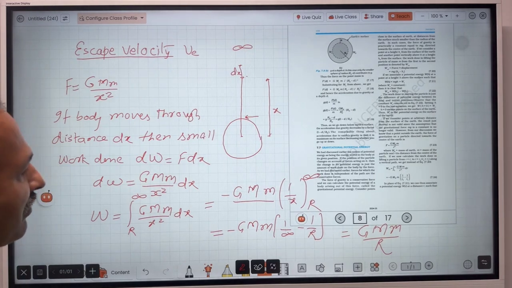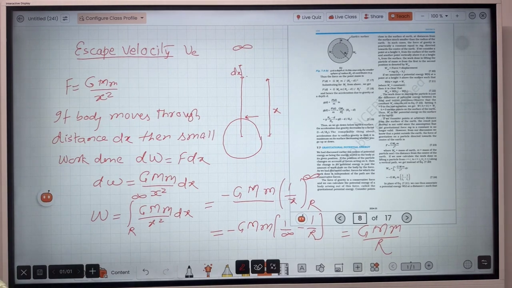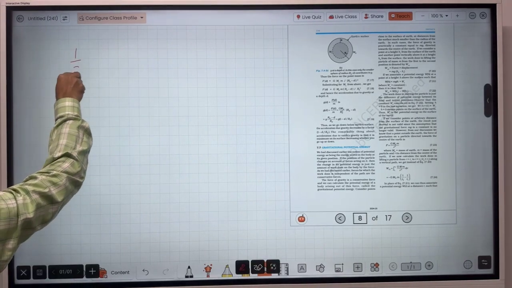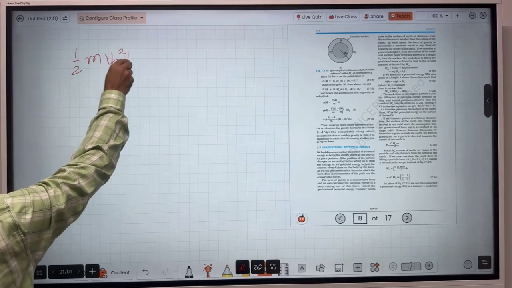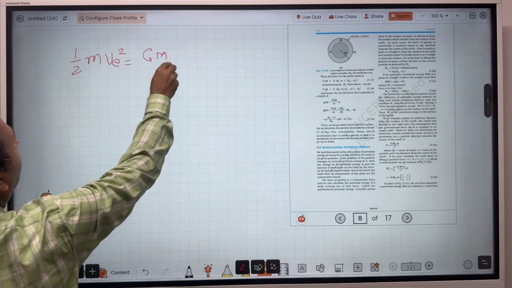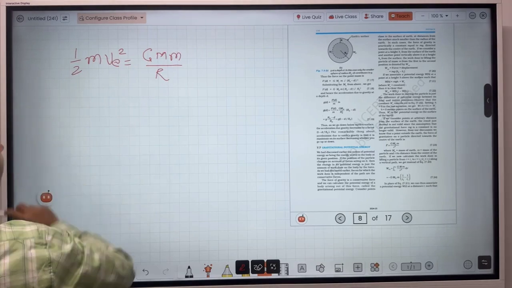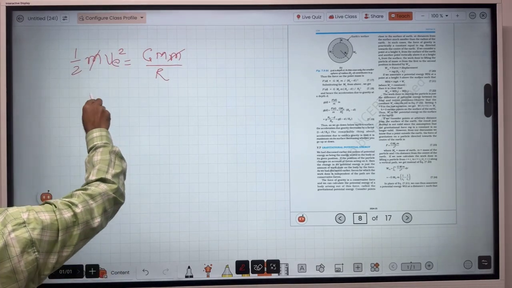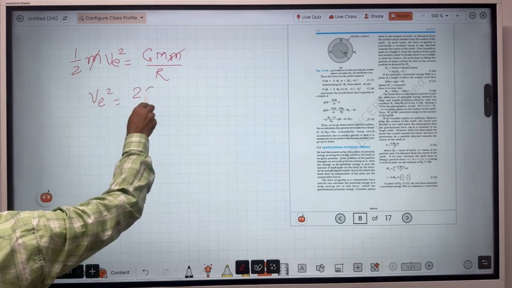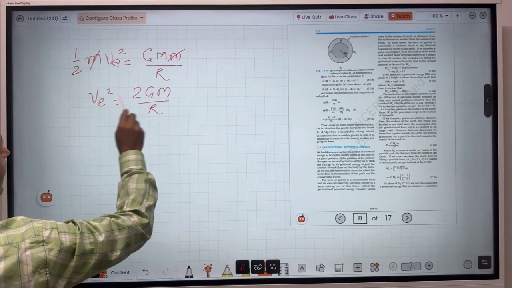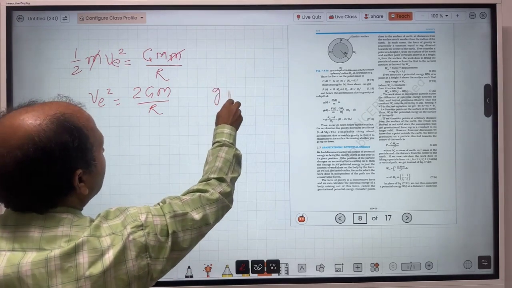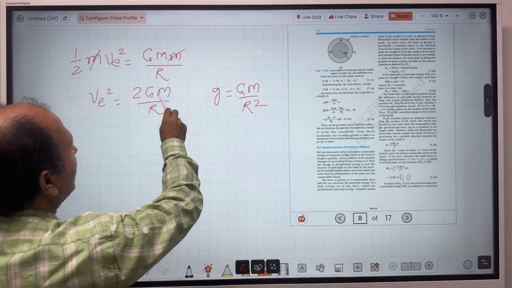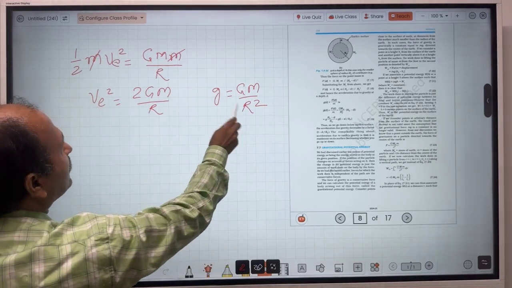Now this work done must be equal to kinetic energy. So kinetic energy, half m v escape square, is GMm divided by R, right? Here m will cancel out, then v escape square equals 2GM divided by R. But if you remember, small g equals GM upon R square. So in place of GM we can write gR square.